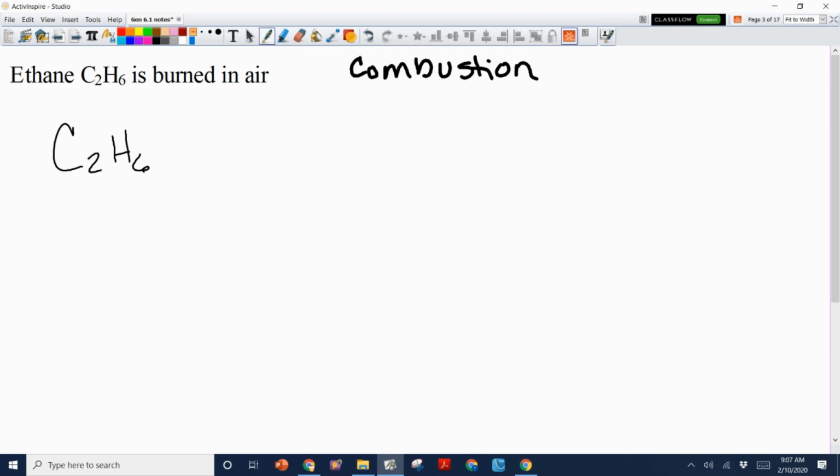A combustion reaction is the same every single time. It's just going to tell you what's being burned. Then we're going to say plus O2, because you have to have oxygen to burn something. The last part of this equation is the same for every single combustion reaction. This yields H2O, water, plus carbon dioxide, CO2.